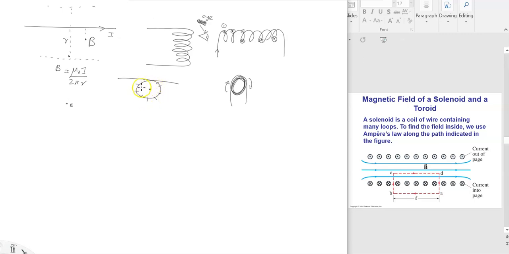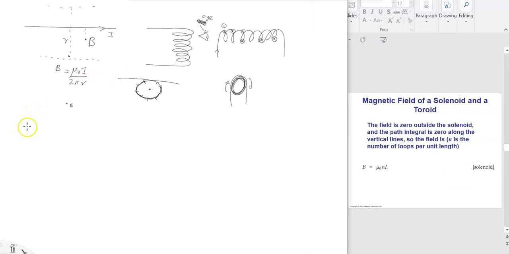So the magnetic field inside this loop is a summation of all the little magnetic fields created by these little segments. Using calculus we can do that, but at this level we're not going to get into the math. Then you have several loops like that. So all together, what is the magnetic field inside the solenoid?